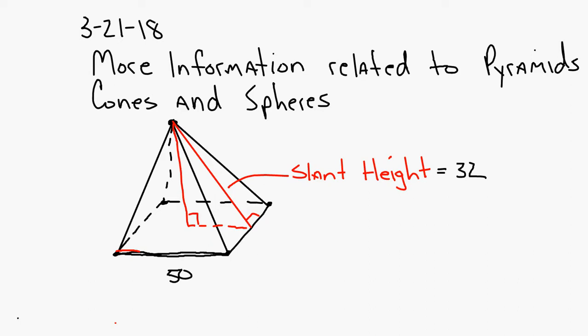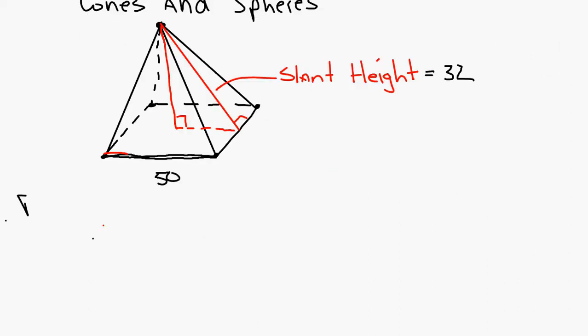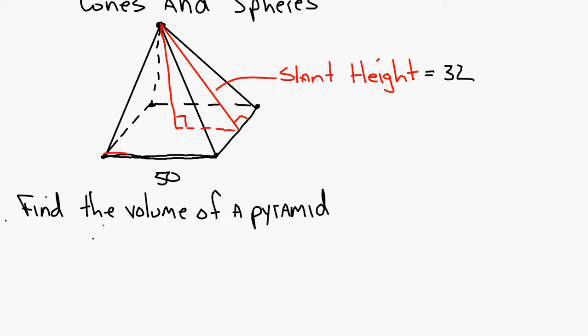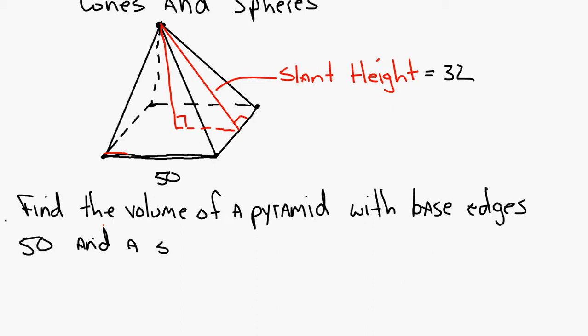So the way this would be worded: find the volume of a pyramid with base edges 50 and a slant height of 32.